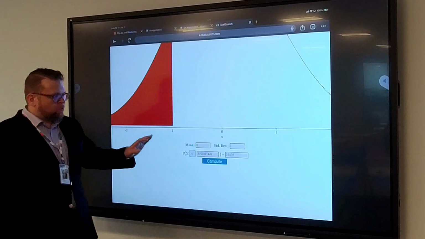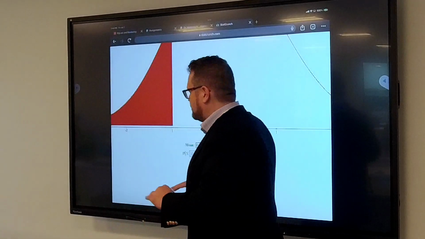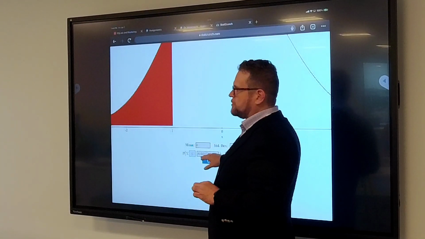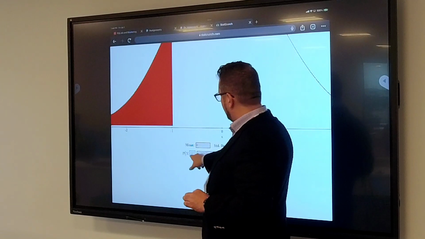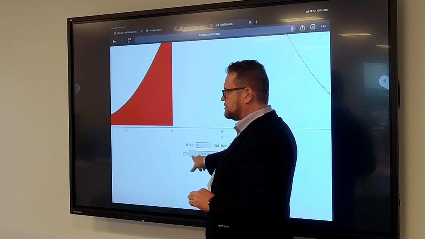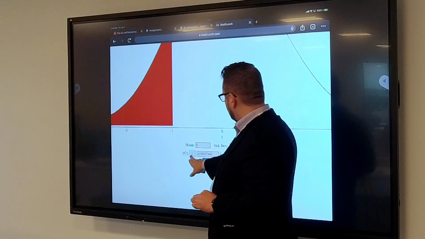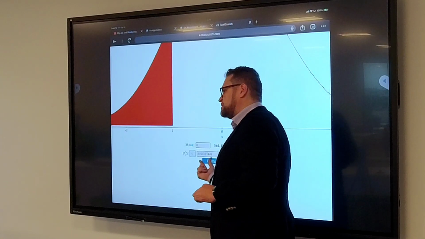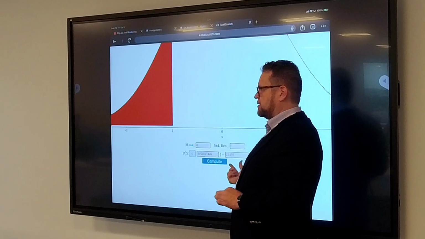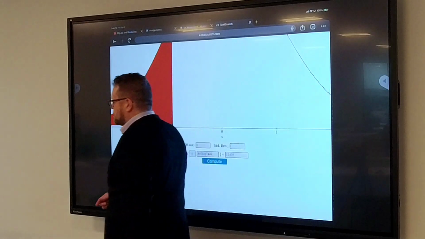The calculator will allow you to give it an area and it will find the z-score. But if after the fact I start changing this inequality, it holds the z-score. So if I change the inequality, the z-score stays the same and the area updates.